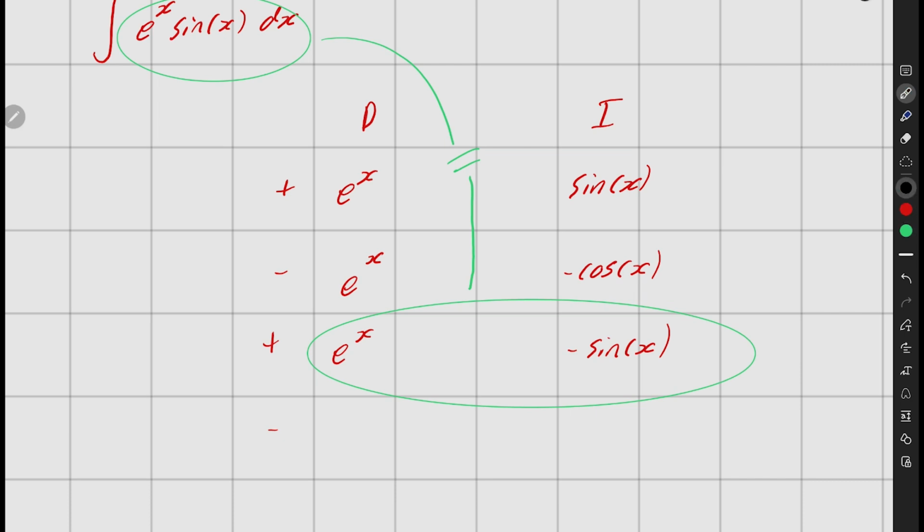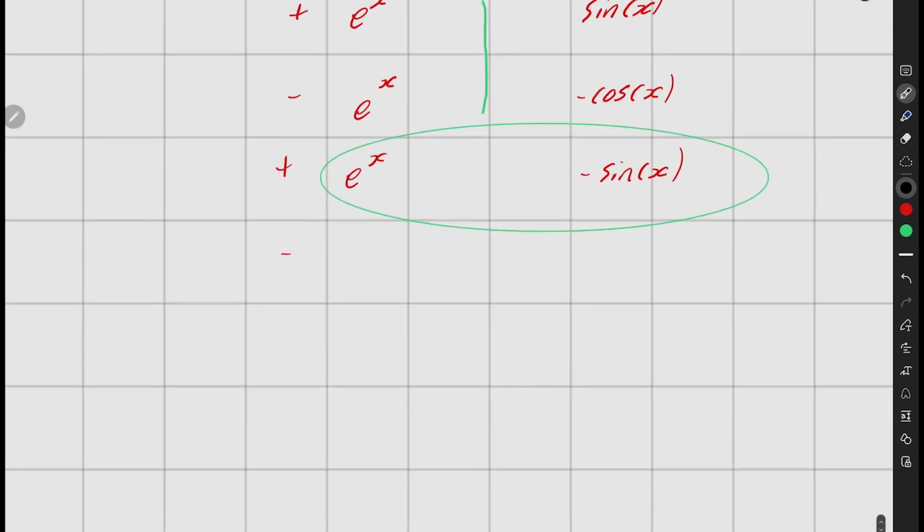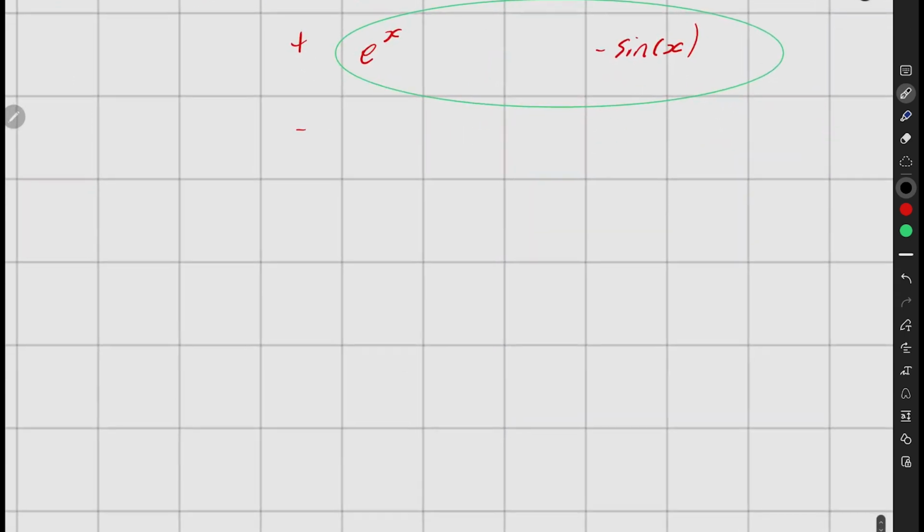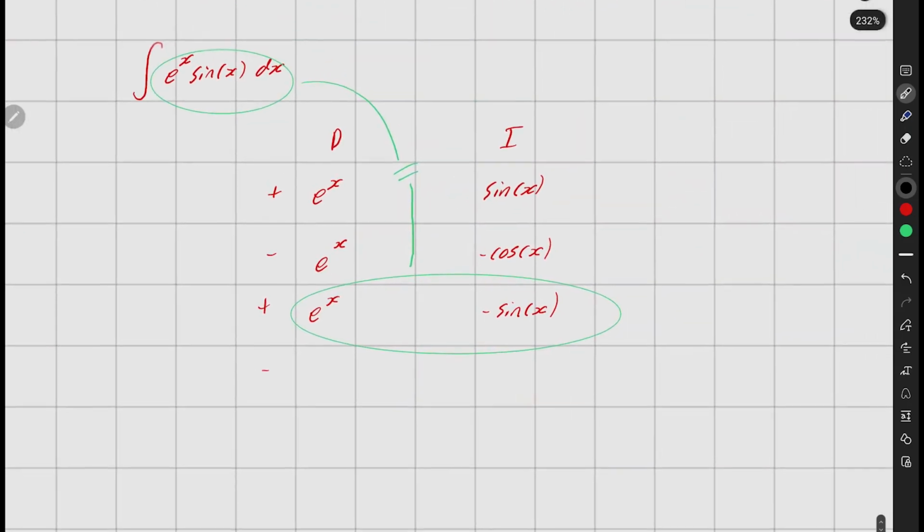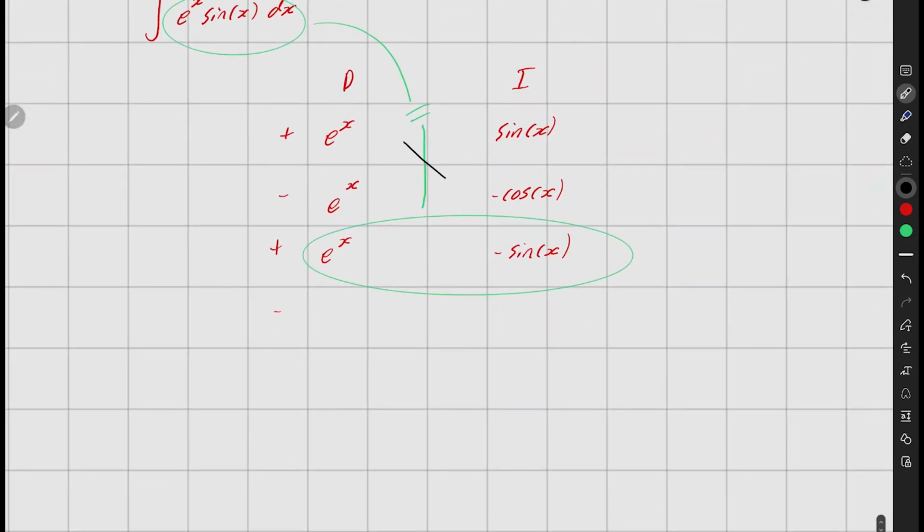Because we're not going to be able to do it by differentiating down to 0 or finding a row that we can integrate, because that's never going to happen. So this is how we would solve this kind of integral. Again, we'd start by multiplying down diagonally, so that's going to be negative, and I'll write it out like this because I want you to see this.